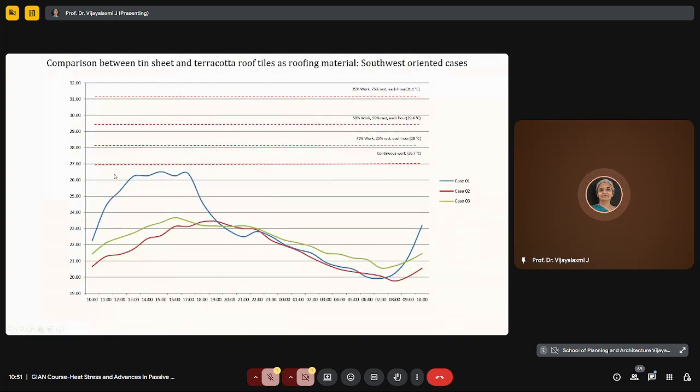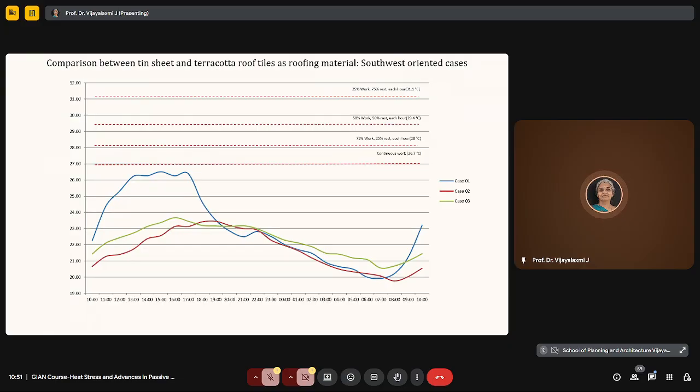According to the questionnaire survey also, tin roof is considered to be a better alternative to terracotta roof tiles based on maintenance factor, waterproofing, and cumulative economic feasibility. So our concern may be to provide them with the best indoor condition.